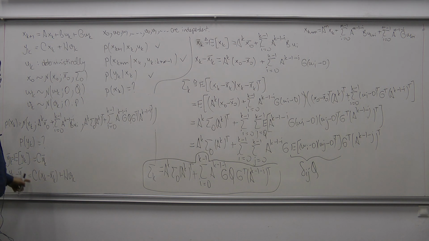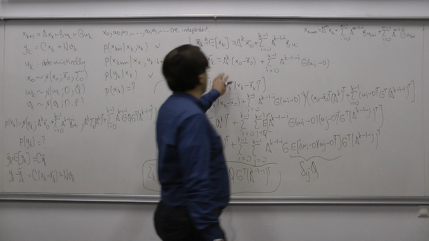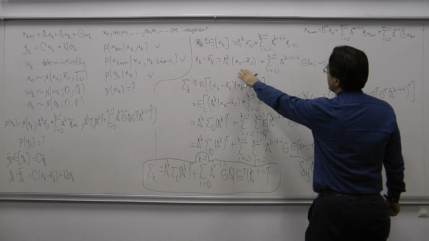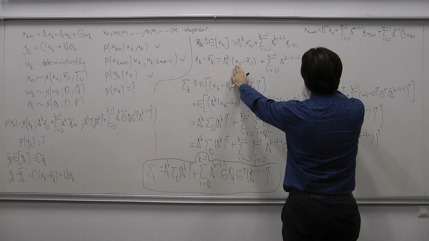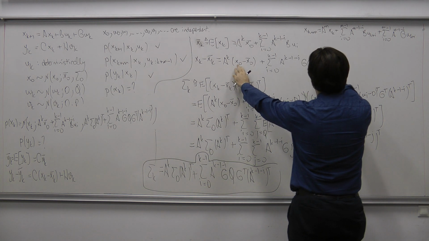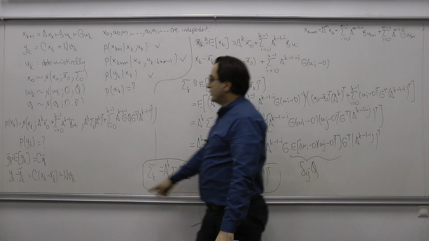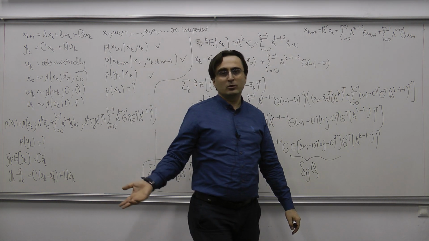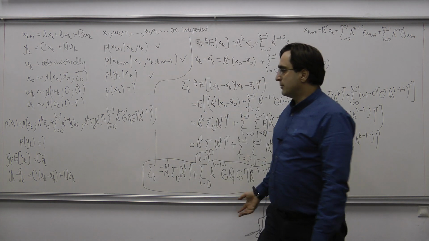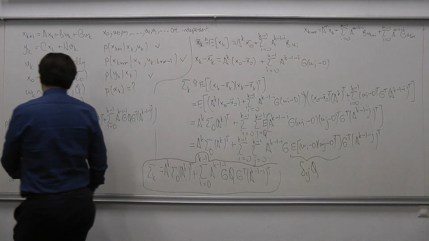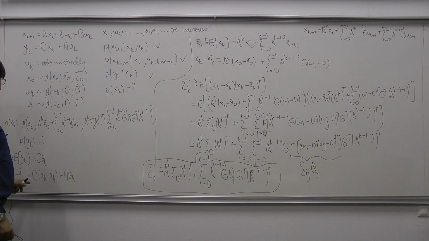So this term is composed of two terms, and these two terms are independent from each other. Why is that? Because x_k minus x_k bar, we have already calculated it here. It is a linear combination of x_0 and w_0 to w_(k-1). And I know that v_k is independent from all of those random variables. That means that these two terms are actually independent from each other.